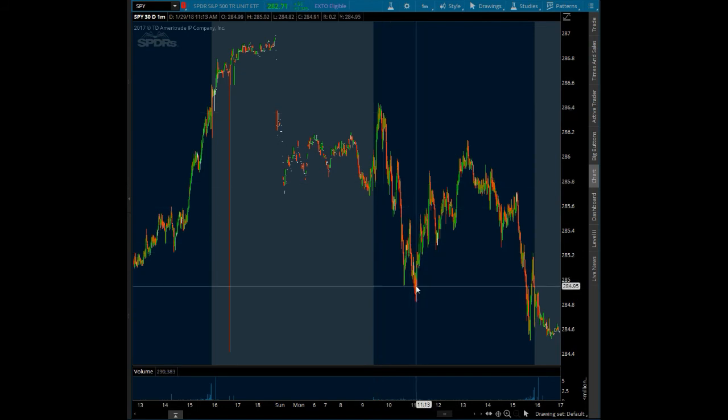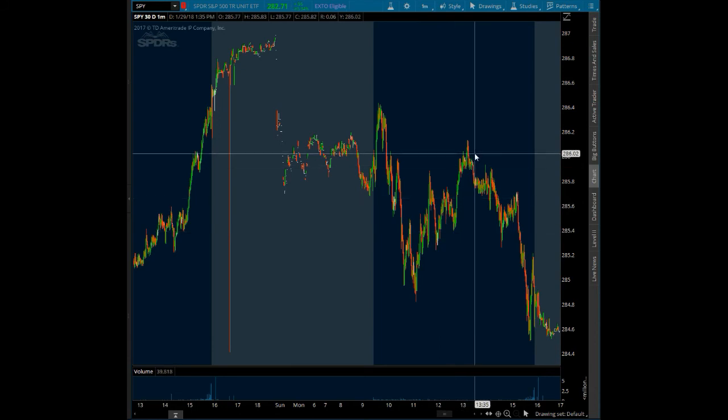Then you can safely take the other side and hold that trade to another extreme, depending on your bias. That's the true use of volatility. You use volatility to time your entries and your exits. That is what it's all about.